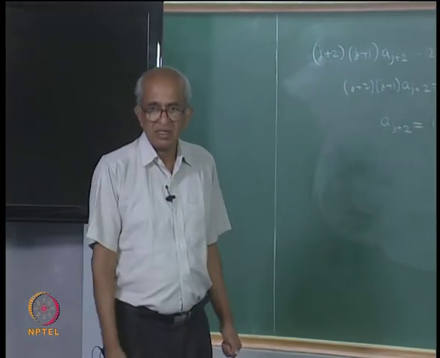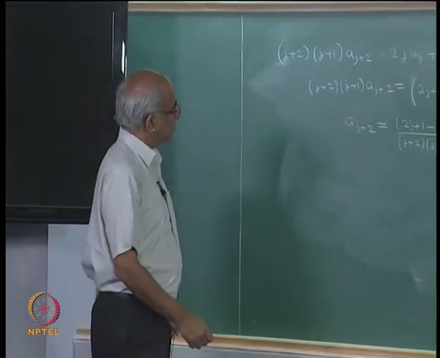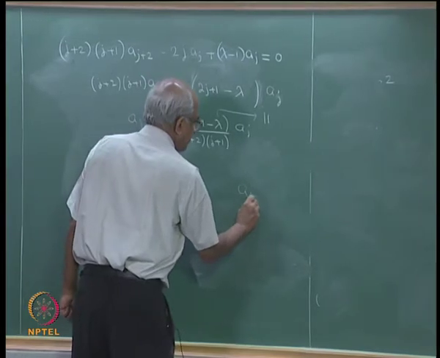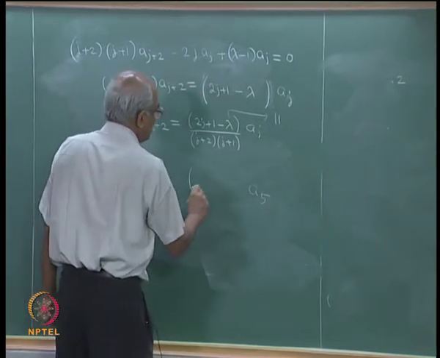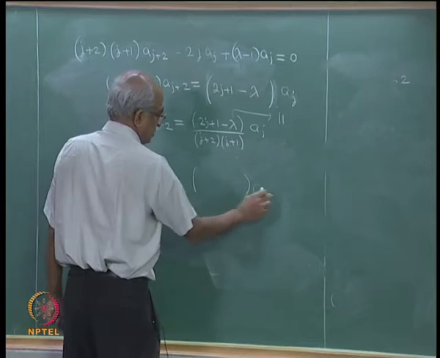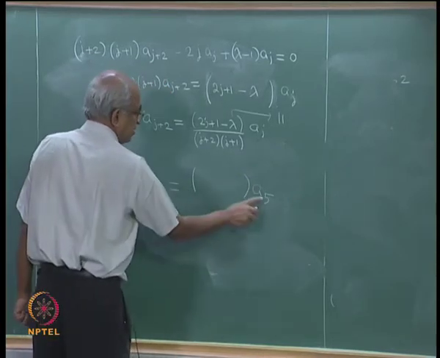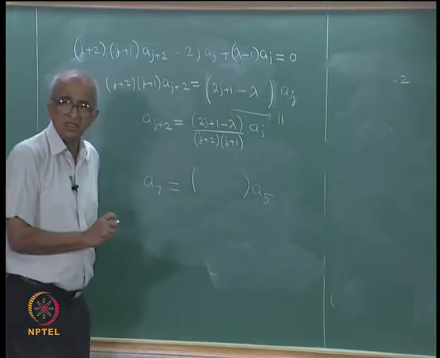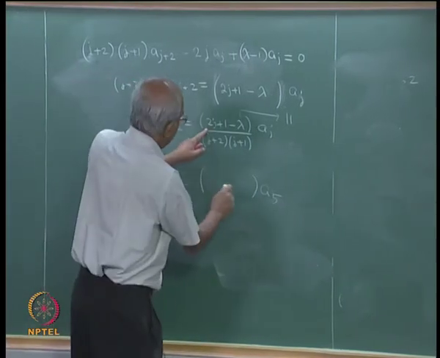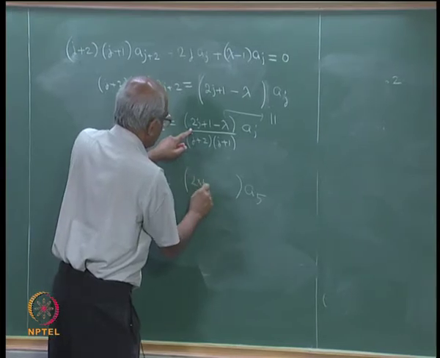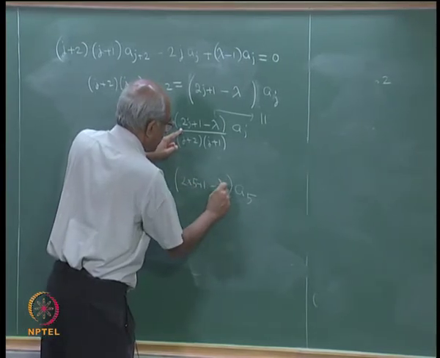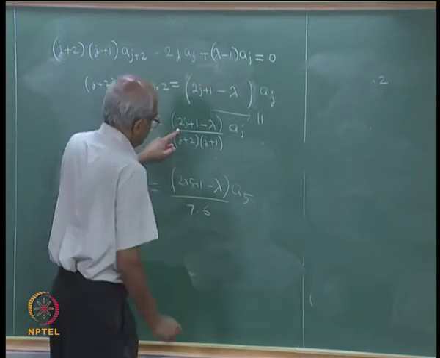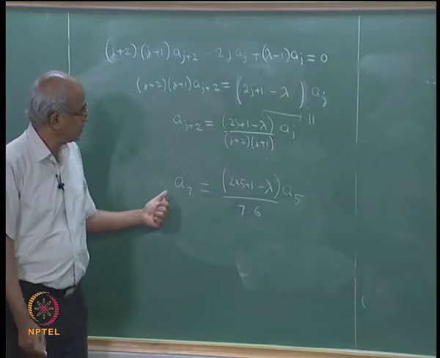Suppose I put j is equal to 5, on the right hand side I will have A5, on the left hand side I would have A7, but then I will have 2 into 5 plus 1 minus lambda divided by 7 into 6, right.